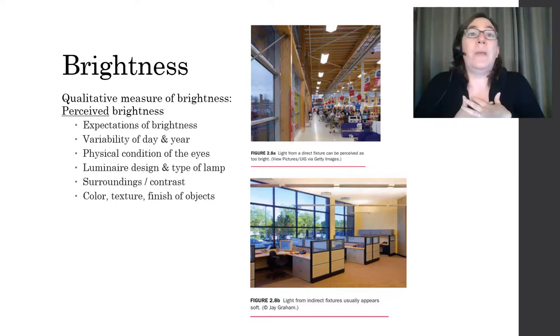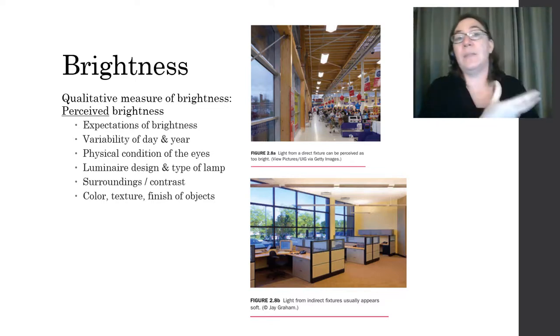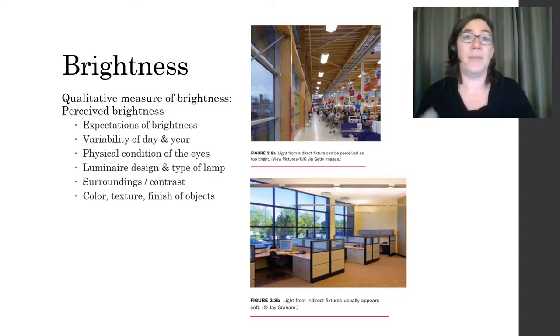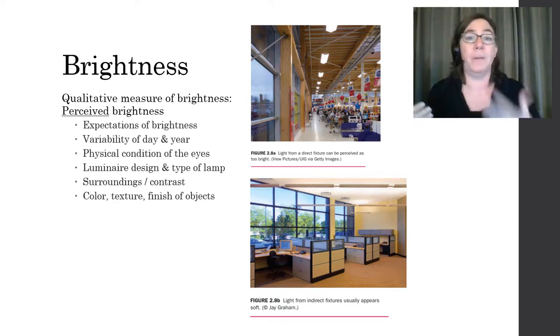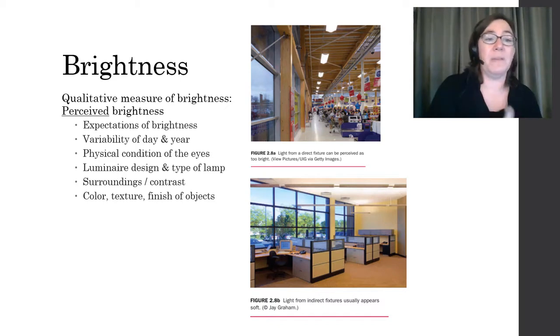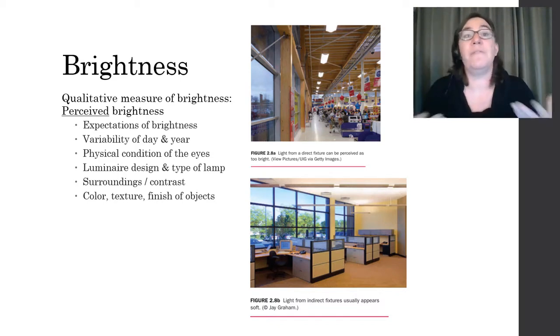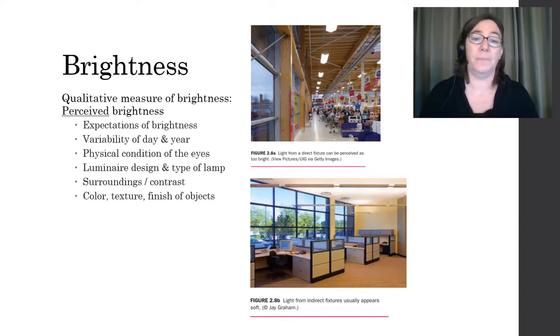And this is where we as lighting designers have enormous impact in the selection of the particular luminaire and the type of lamp that goes in it. Perceived brightness can come from the contrast with surroundings if you have a dark background and a bright light. And finally, it can be affected by the color and texture and the finish, especially the shiny or specular finishes of the objects around it.